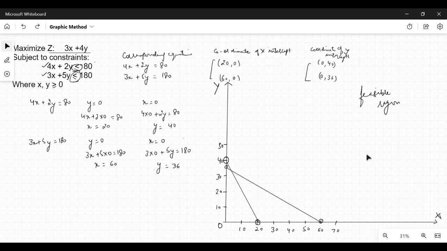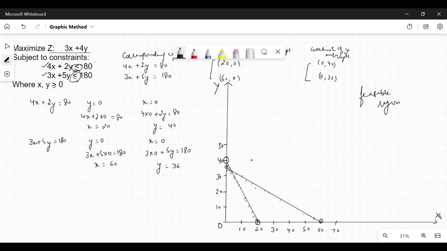We have already discussed that whenever we have a less than or equal to sign, it means the common area lies toward the origin. The common area of the first equation is toward the origin, that is this side, and for the other equation again it is this side, that is less than.